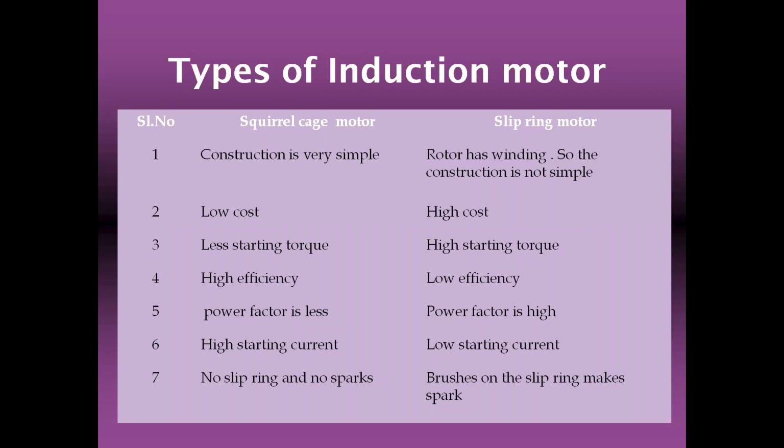In starting, what do we want? High starting torque, low starting current and high starting power factor. These three things we get higher in slip ring, but in squirrel cage they are low. That's why we improve them by changing the construction, like we use a double cage rotor.